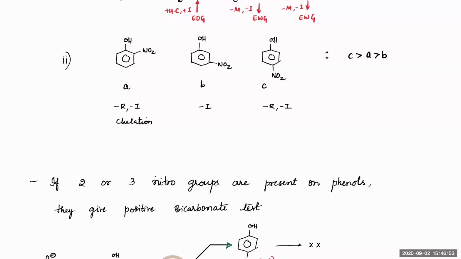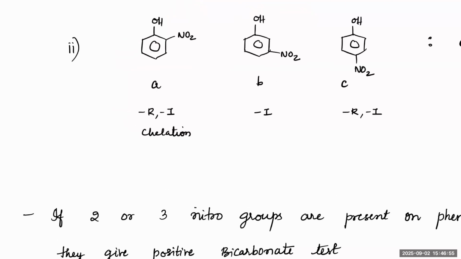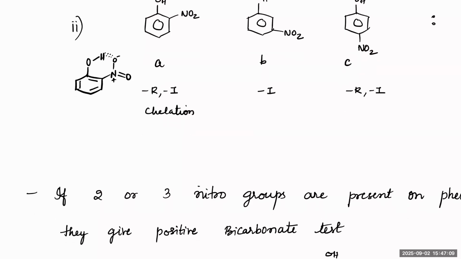But the problem here is that at the ortho position, it will also show intra H bonding like this. We have H, N, O minus, double bond O with plus. Due to this intra H bonding, which we call chelation, its acidic strength slightly decreases because it takes little effort to remove that H plus away.